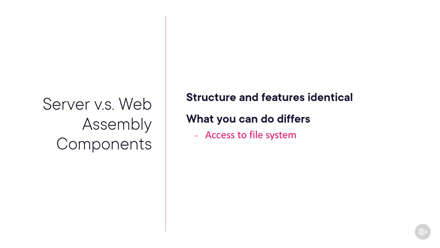On Blazor Server, this will give us access to the file system of the server. On Blazor WebAssembly, you maybe would expect to have access to the file system on the client. But giving the browser access to the file system would be a major security problem. So the browser just isn't allowed to do that. The same goes for directly accessing a SQL database, for instance.